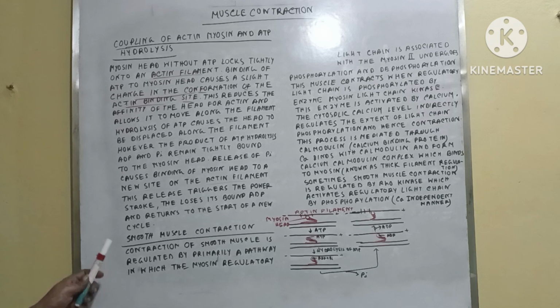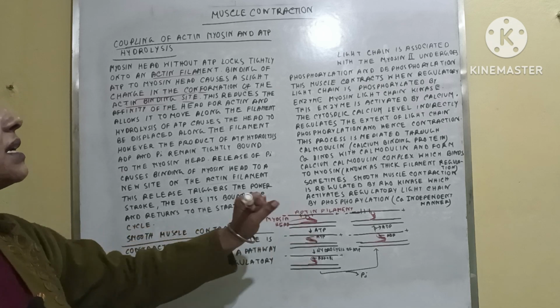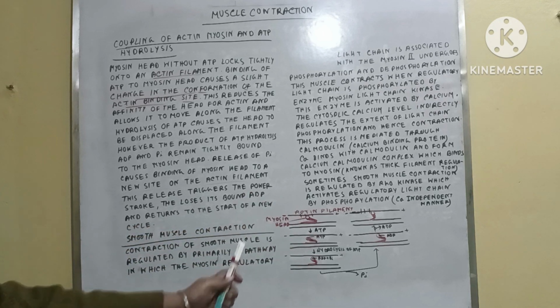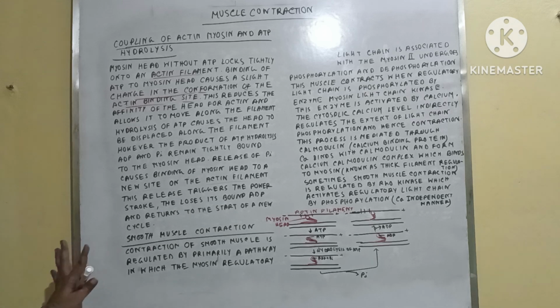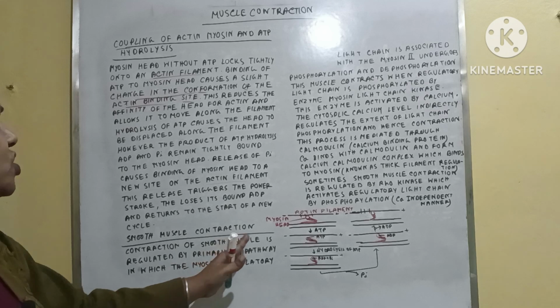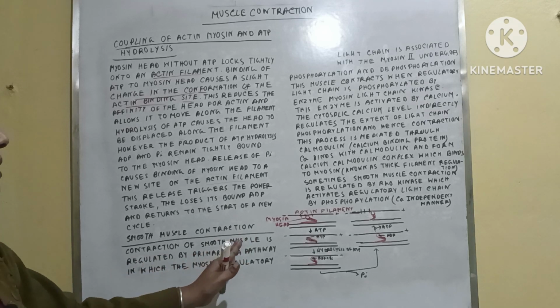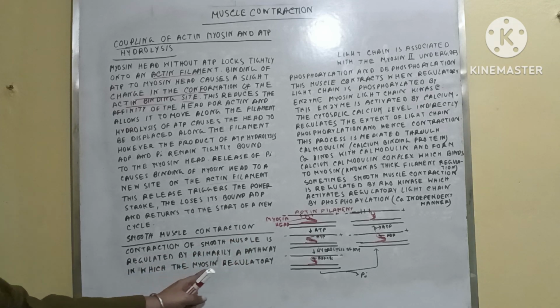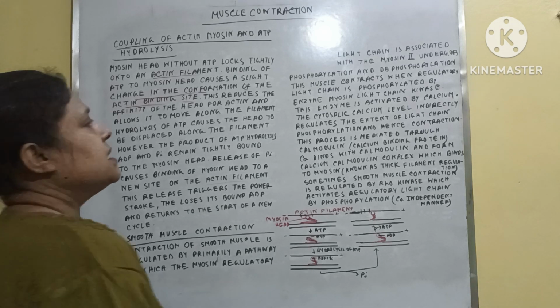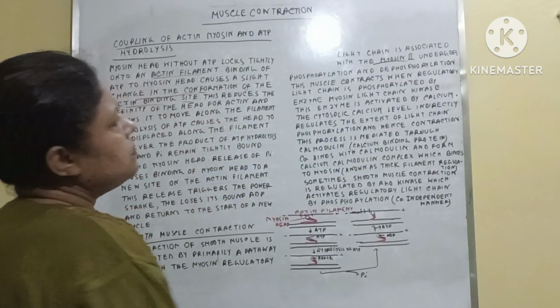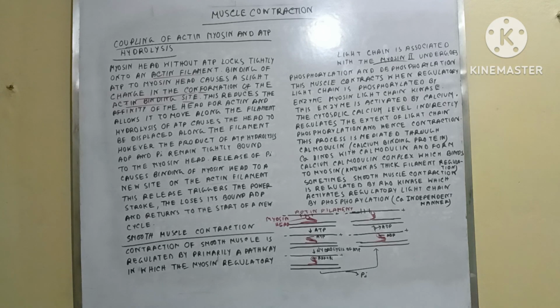Okay. Next is smooth muscle contraction. The previous muscle contraction was related to the skeletal muscle, and here this is smooth muscle contraction. Smooth muscle contraction is very easy. Here the contraction of the smooth muscle is regulated primarily by a pathway in which the myosin regulatory light chain, associated with myosin 2, undergoes phosphorylation and dephosphorylation.